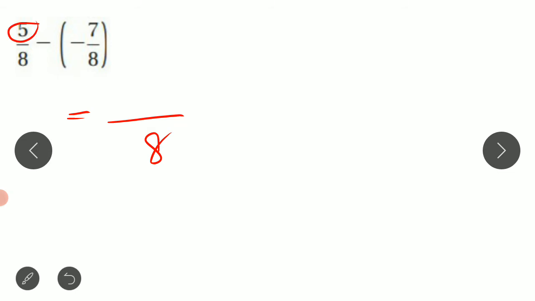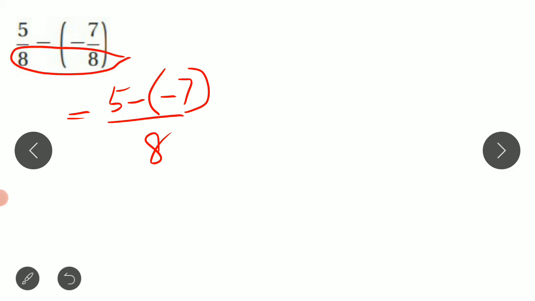The first numerator 5, the operation here is subtraction, that is minus, and the second numerator minus 7. We are not doing the LCM step here because the denominators are same. When the denominators are same, we take the common denominator and simplify the numerators, that's all. We can get the answer.